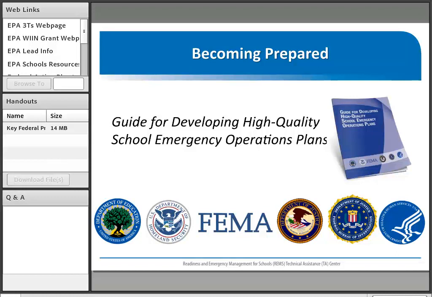So we developed this guidance. It's called the Guide for Developing High-Quality School Emergency Operations Plans, in collaboration with our partners. These are partners from the Department of Homeland Security, FEMA, the Department of Justice, its FBI, and Health and Human Services. We also call this the school guide.